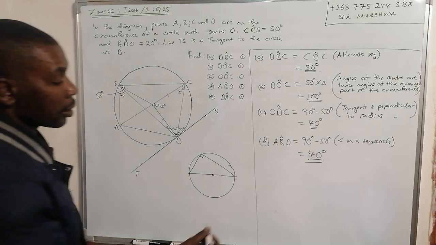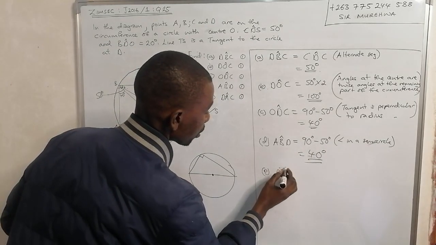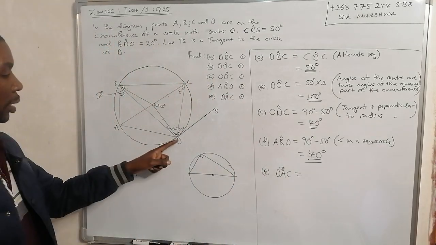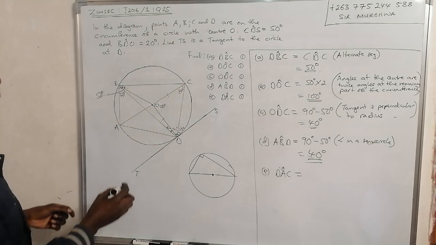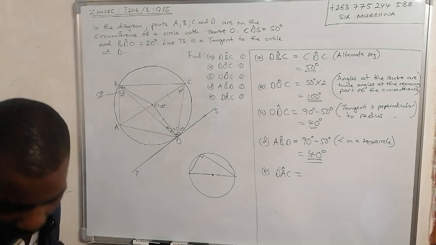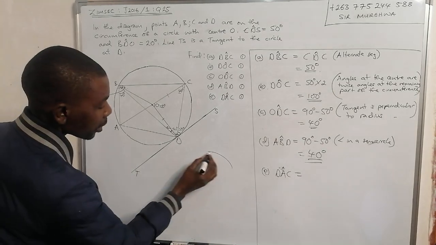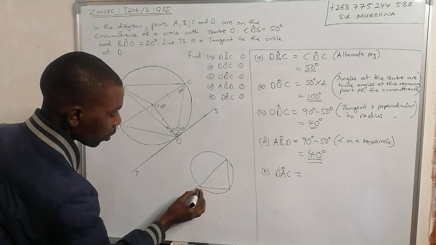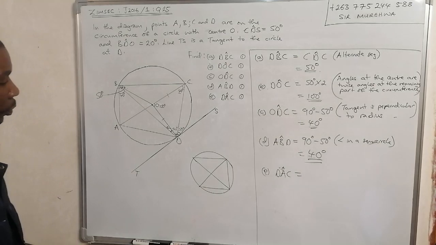Then part E, DAC, using again angles in the same segment. Remember, we have a base here. This angle is equal to this angle.